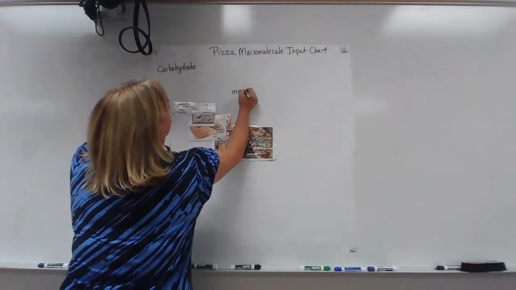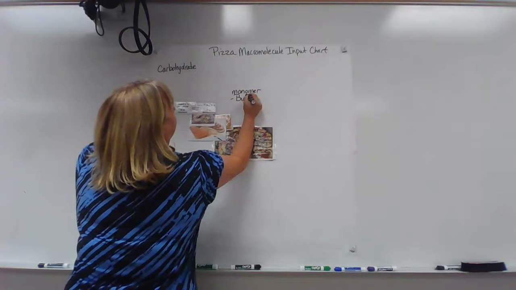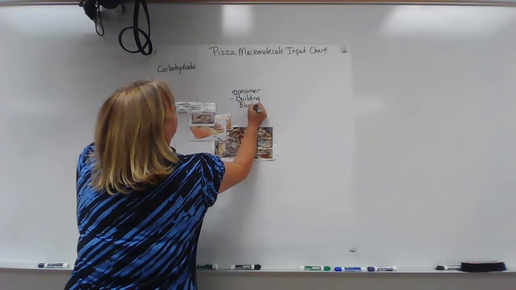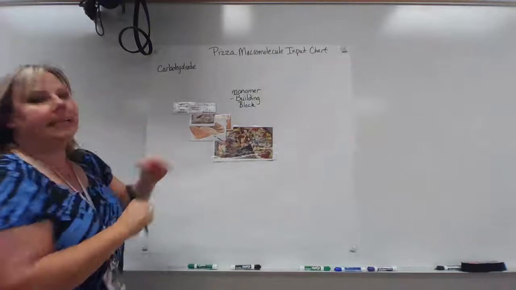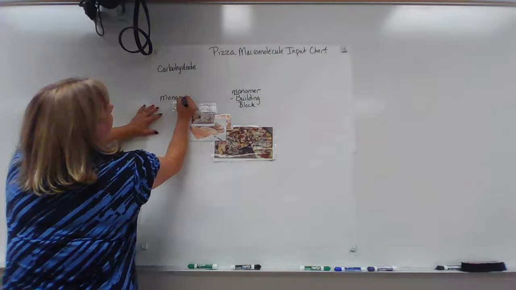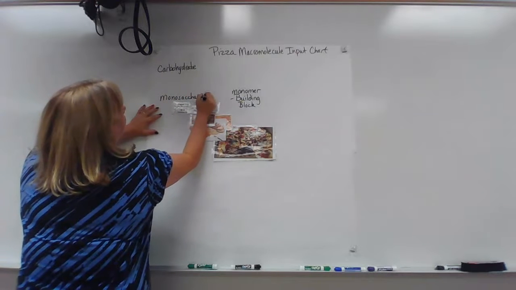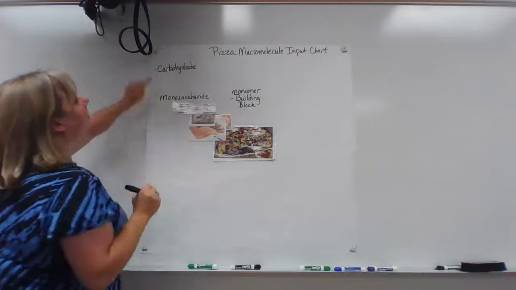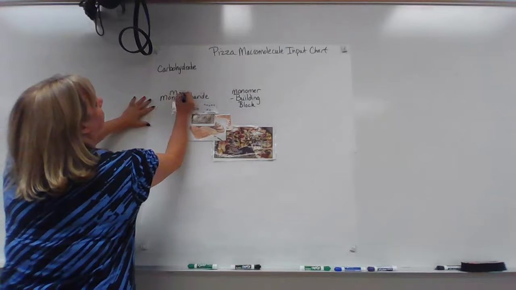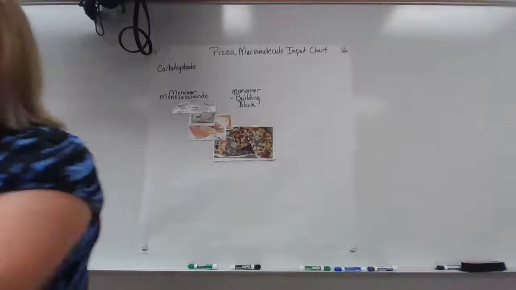Okay, so monomer is a building block. So, molecularly speaking, a monosaccharide is the monomer of a carbohydrate. Okay, monomer. And that's important for us. We're going to need to know that.